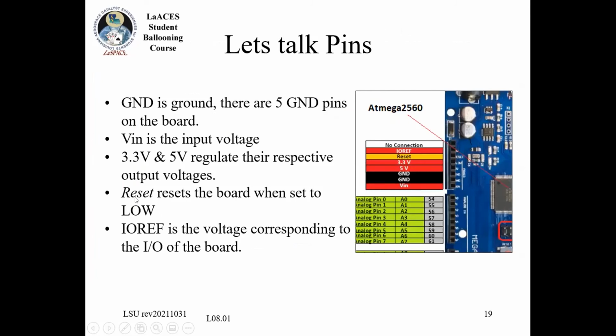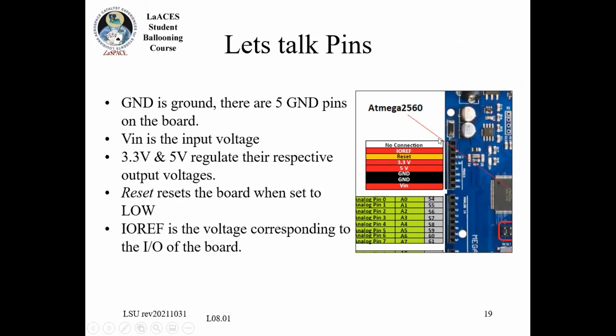Like this says, it resets the board when it's pulled low. All that means is it's basically the same thing as powering the Arduino up and back down, right? Because the Arduino is going to run whatever code is on it.